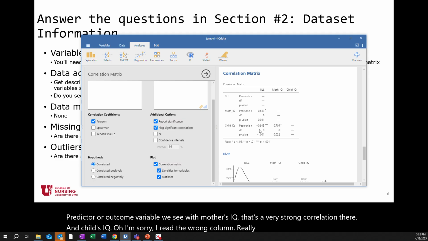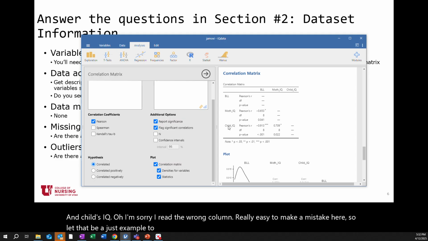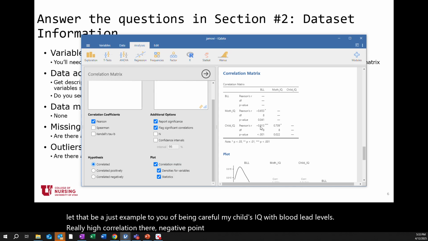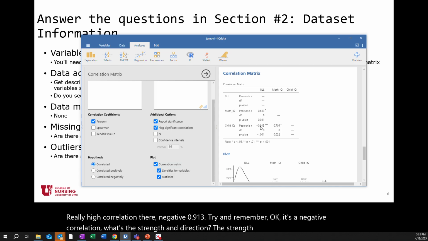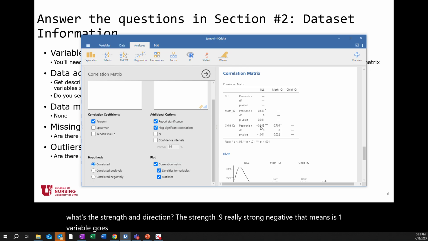Really easy to make a mistake here, so let that be an example to you of being careful. Child's IQ with blood lead levels, really high correlation there, negative 0.913. Try and remember, it's a negative correlation. What's the strength and direction? The strength, 0.9, really strong. Negative means that as one variable goes up, the other variable goes down.